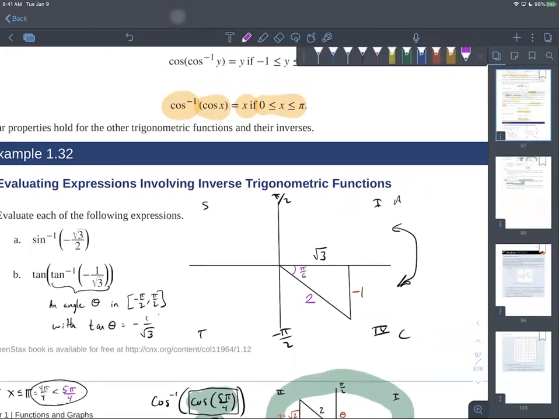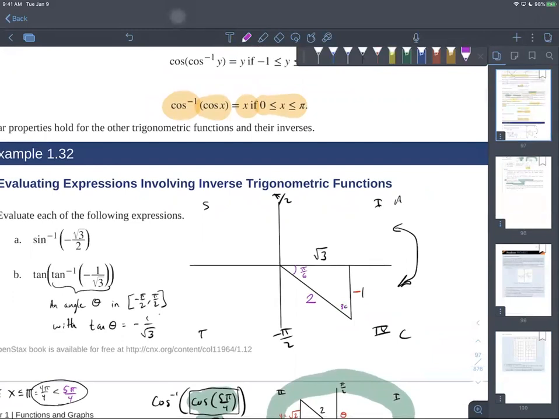The angle inside of this triangle, they are always going to be like 30 degrees, 60 degrees. Oops, this one should be 60 or pi over 3. They're always going to be 30, 60, 90, or 45 degrees. Those are the reference angles.